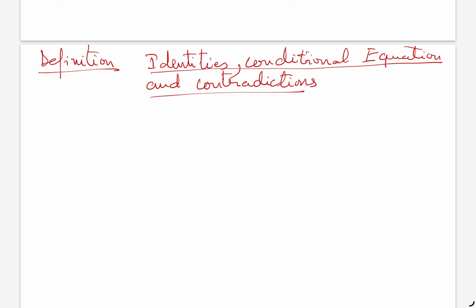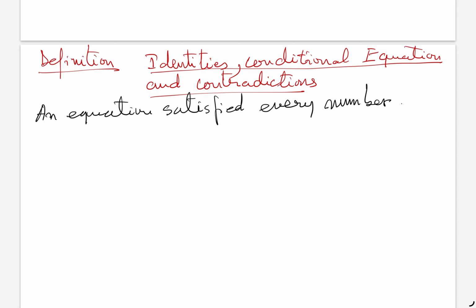If an equation is satisfied by every number, then it is an identity.